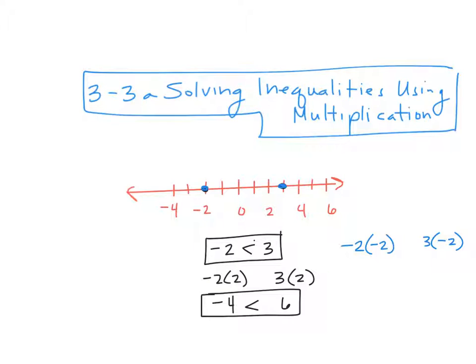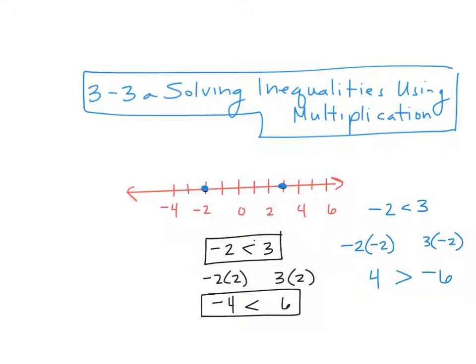A +4. What's 3 times -2? A -6. So we started as -2 is less than 3, and we multiplied both sides by a negative number. What symbol would go between my 4 and -6 now? Greater than, right? 4 is greater than -6.